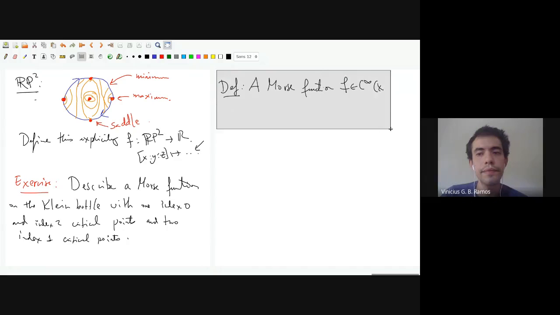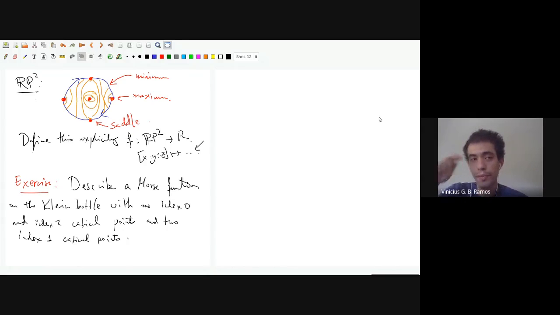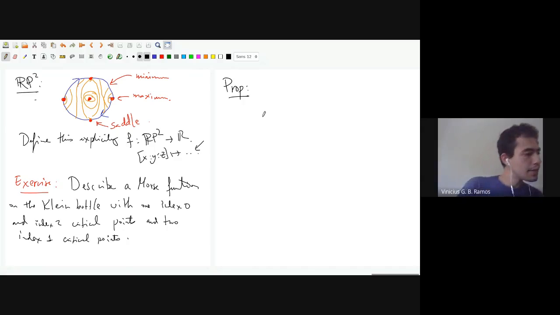Actually, before this definition, let me prove a proposition. If you have a Morse function, you could have different critical points having the same image, and that's something we would like not to have for the analysis that we're going to do. We won't have a lot of time today, but next time.